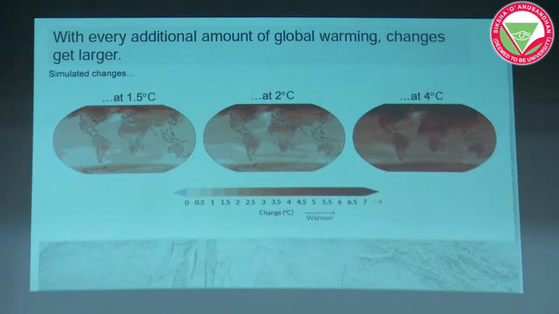Now, you see there are different projections, but at 1.5, 2 and 4 degrees, most of the Asian and African countries will be affected. So we have to be very careful, though subtropical countries may not be affected as much as the tropical countries.